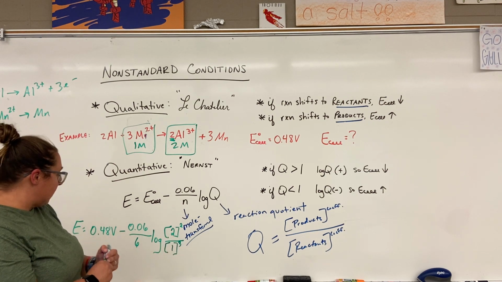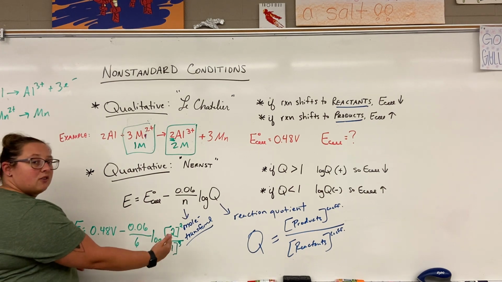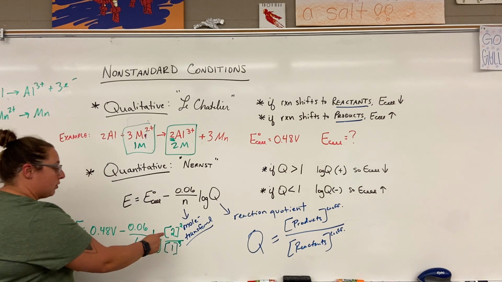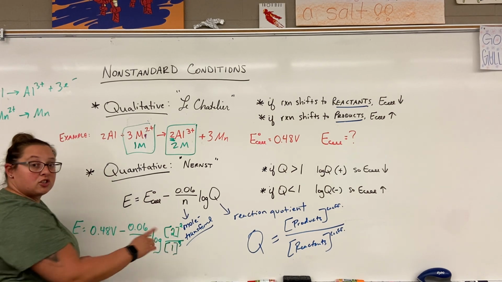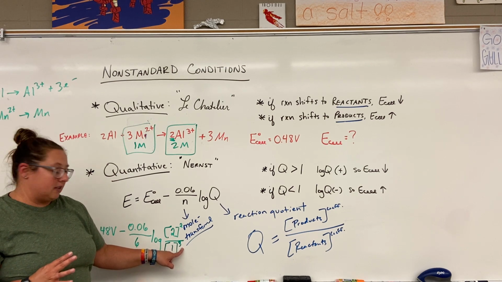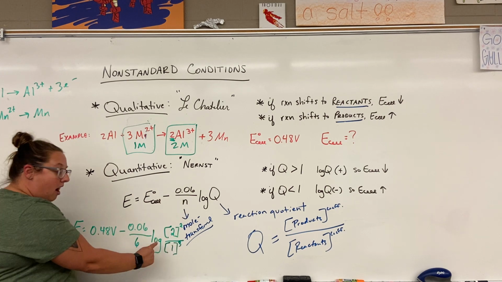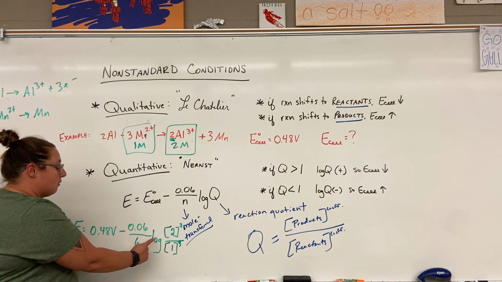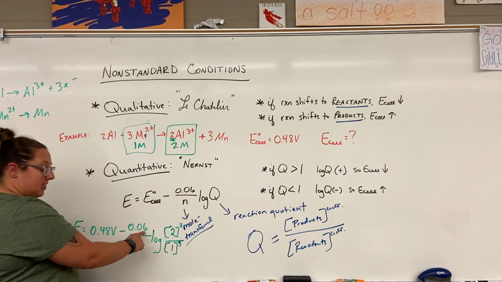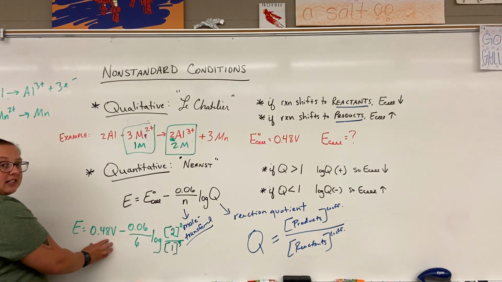When we plug this into our calculator, we kind of want to work backwards to calculate our E cell. So 2 squared, which is 4, divided by 1 cubed, which is 1. So that would be 4. Then we would take the log of that number, multiply by 0.06 divided by 6, and then subtract all of that from 0.48.